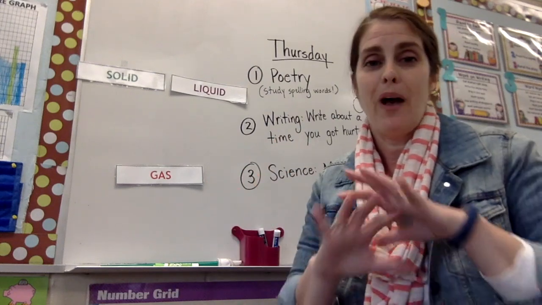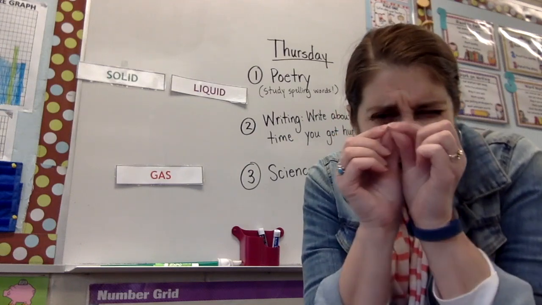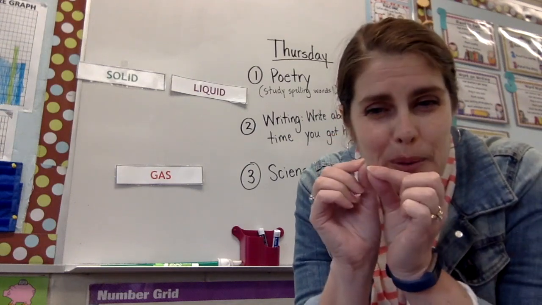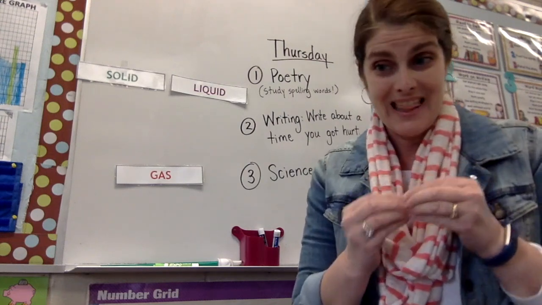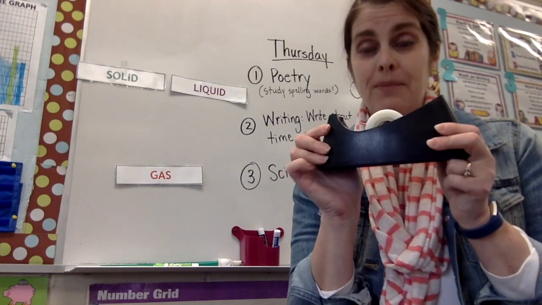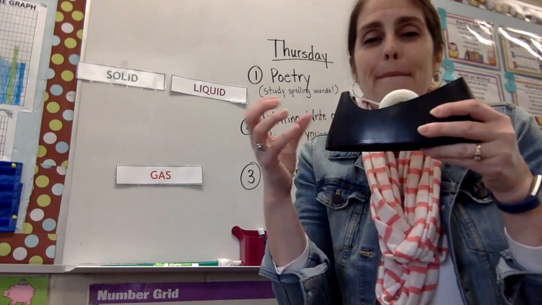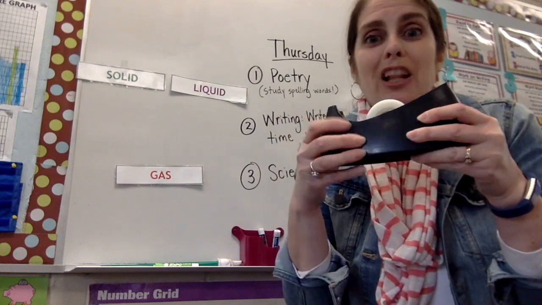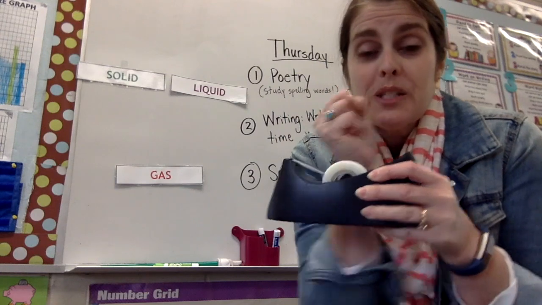Everything's made of matter, and matter, if you take these tiny little things, they're called atoms or molecules. Okay, and in a solid thing, like this tape dispenser, all of the atoms or molecules are really close together, super close together.